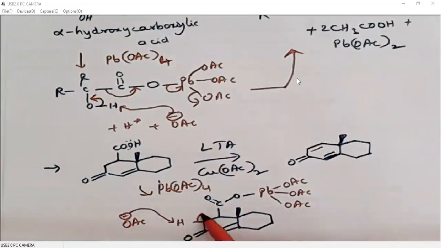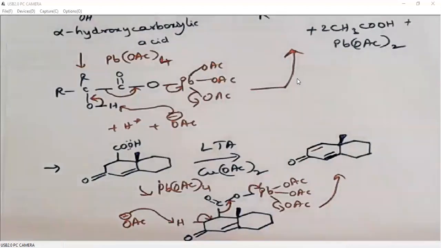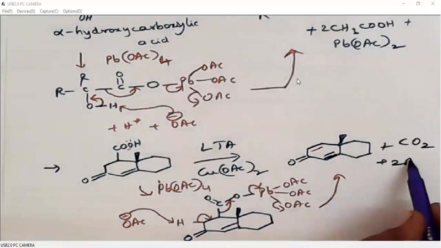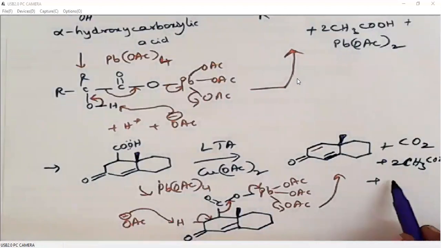That negative charge will be polarized to generate the carbon-carbon double bond. Now this bond will be polarized towards carbon-oxygen, so we get carbon dioxide. Then lead is reduced to lead 2, and we lose one more OAc. So the byproducts are carbon dioxide plus 2 molecules of acetic acid plus lead diacetate.